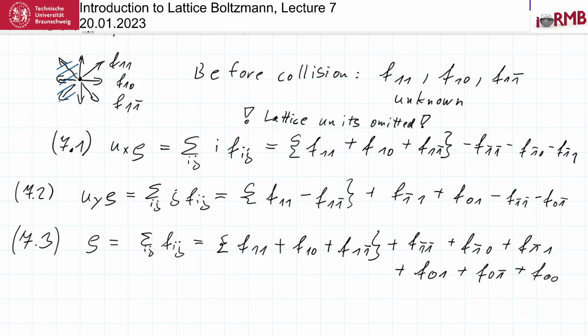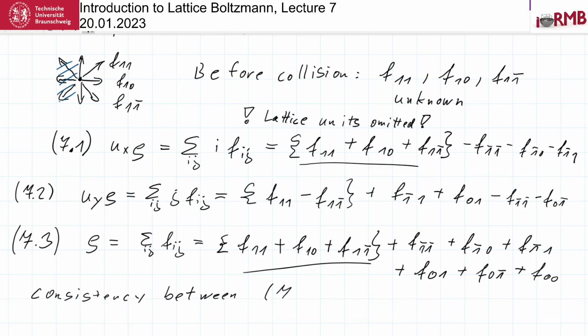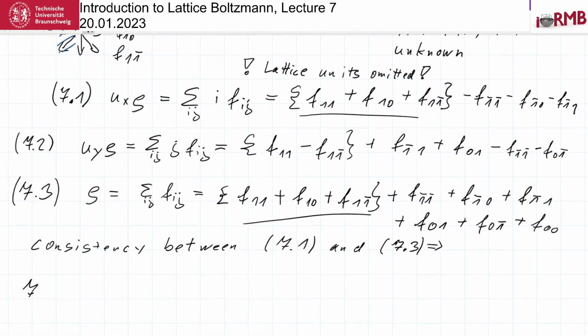So what we notice is that this term and this term here are the same, right? So we can solve one of them for the unknown and put it into the other. So we have the consistency between 7.1 and 7.3, which leads us to 7.4 as rho minus, so, which one is this?